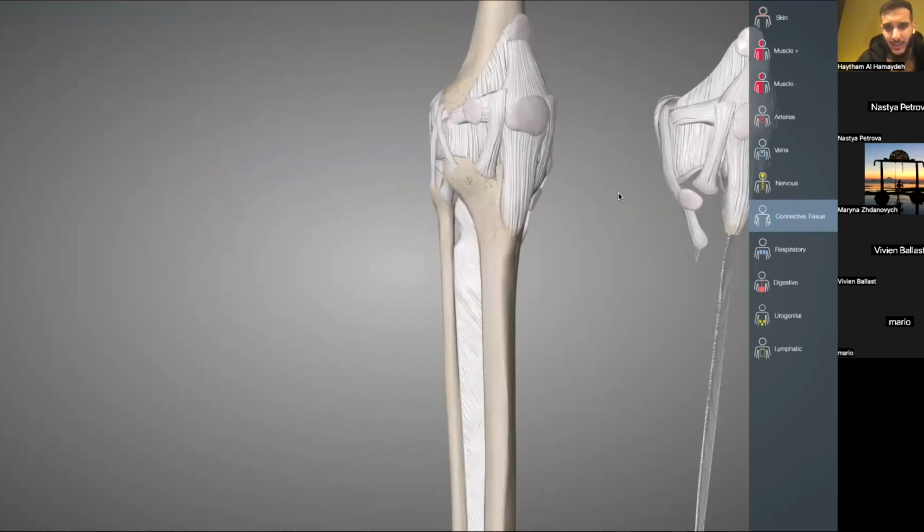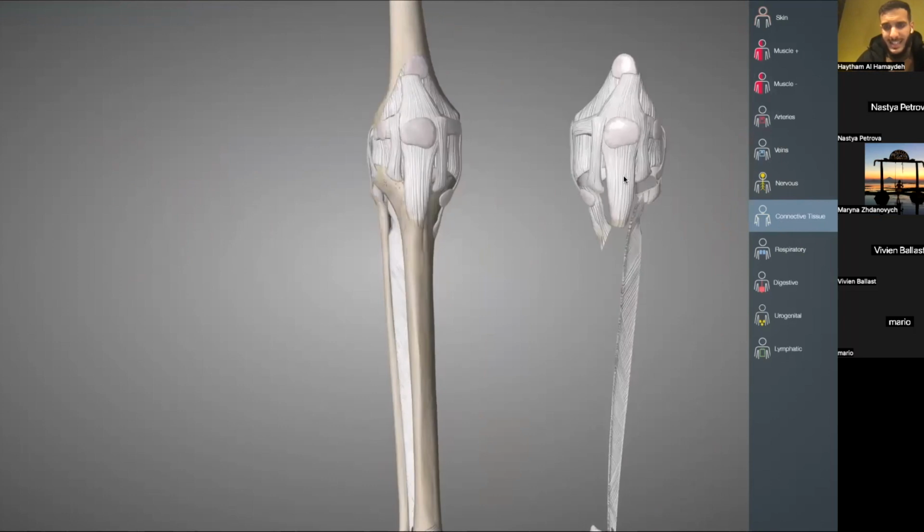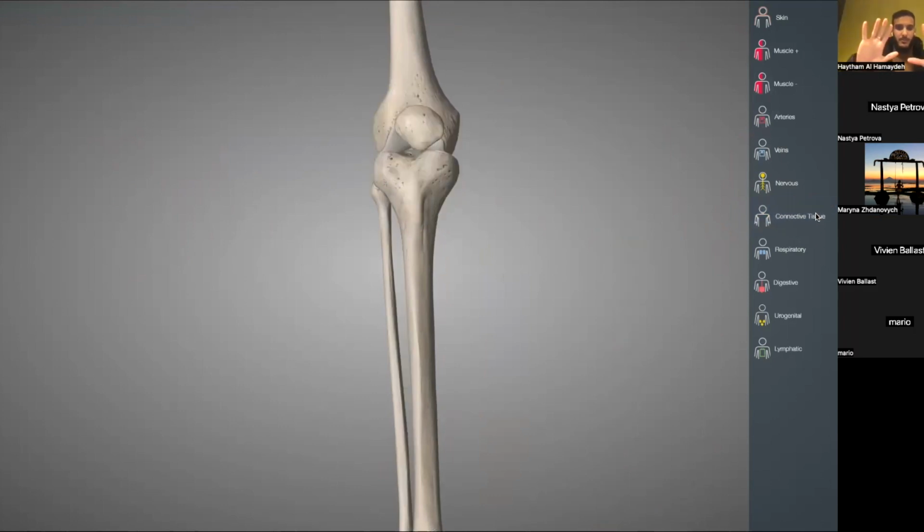They are inside: the ACL and PCL, anterior cruciate ligament and posterior cruciate ligament. 7. Deal? Again: patellar tendon, tibial collateral, fibular collateral, oblique popliteal, arcuate popliteal, anterior cruciate, posterior cruciate.